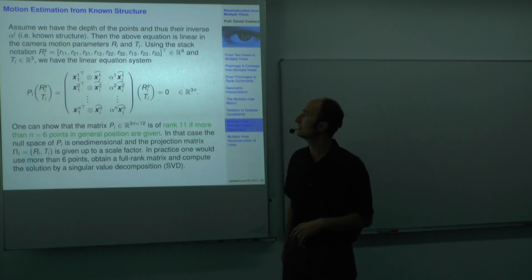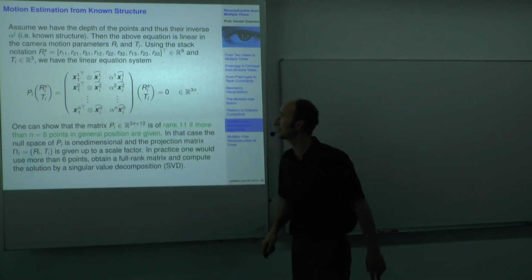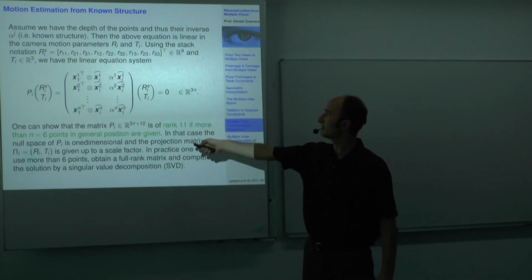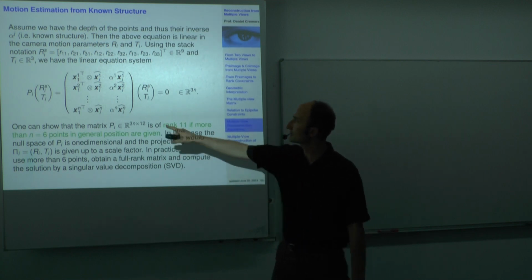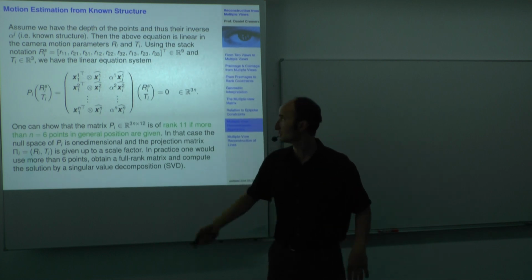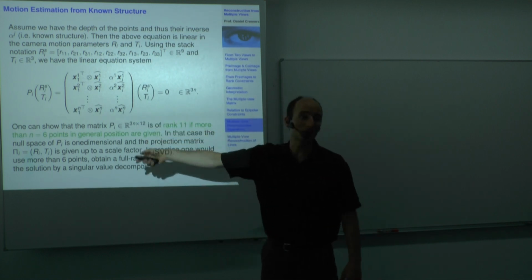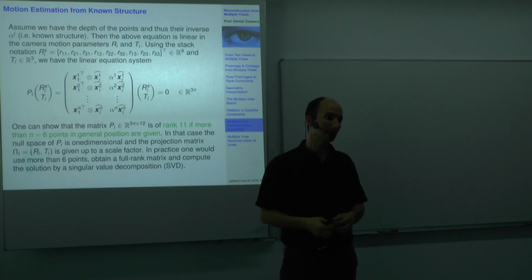So what we did here is we just rewrote, in fact, this is what this matrix Pi looks like. It's a 3n by 12 matrix. So what we did really here from the last slide to this one is just rearrange the terms such that we have the unknowns in one long vector. Why do we do that? Of course, so we can apply the linear algebra machinery.